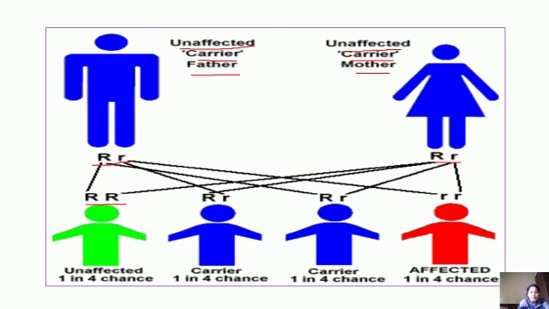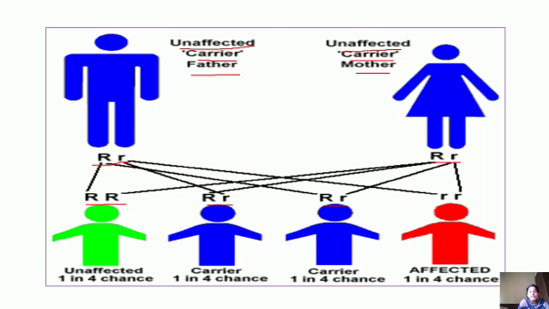This is a normal child. This one is capital R, small r, so it has only one copy of the recessive allele. It's a heterozygous condition, so the offspring is a carrier. Similarly, the second offspring is also capital R, small r, a heterozygous condition carrying only one small r. So this is also a carrier.